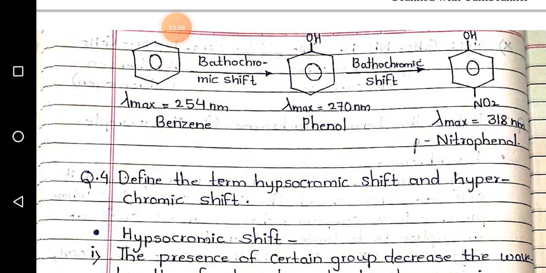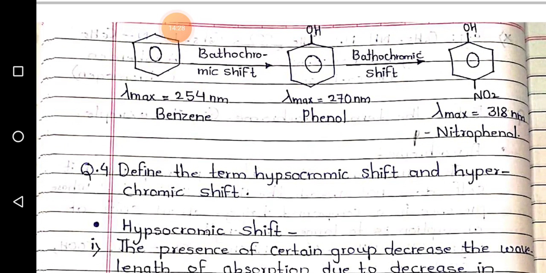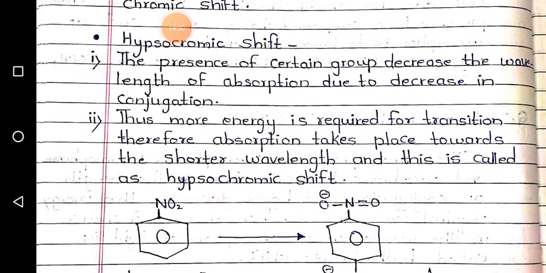Then from phenol we again attach a chromophoric group, and it changes from 270 nanometers to 318 nanometers. That is a big difference, a 48 nanometer increase, only because of the chromophoric group attached to the already present auxochromic group. Means the conjugation increases, and a large increase in conjugation increases the wavelength.